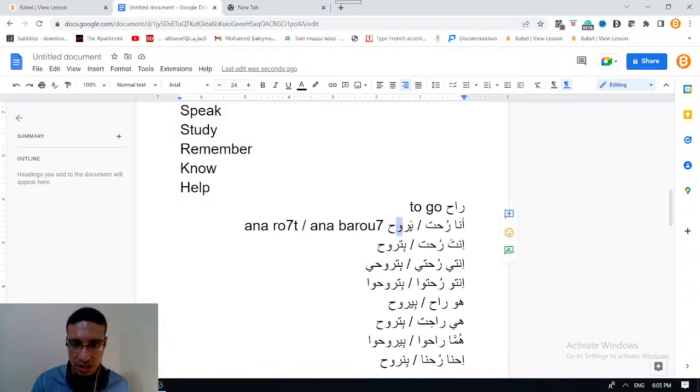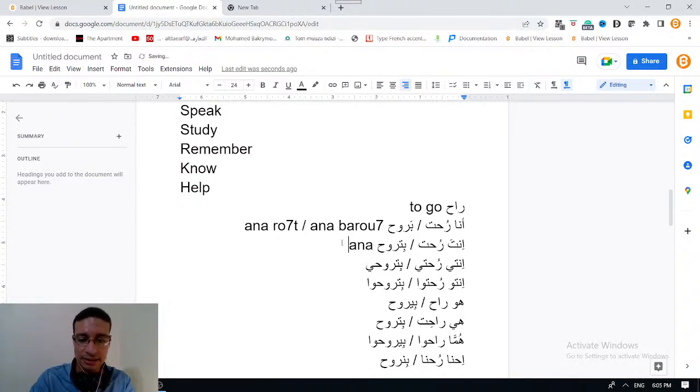This small mark above the ra means that it's pronounced o. It's a short vowel. So أنا رحت, I went. أنا بروح, I go.